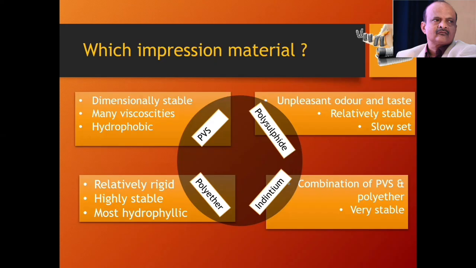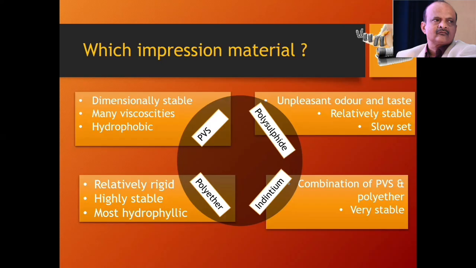Then we have polysulfides, then polyether, then Impregum. The condensation silicones and polysulfides set by condensation reaction with release of a byproduct. The polysulfides carry the disadvantage of unpleasant color, odor and taste. They are slow setting and they have water as a byproduct.